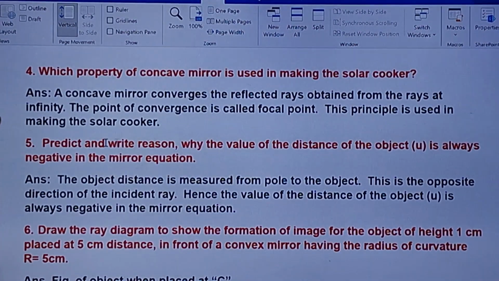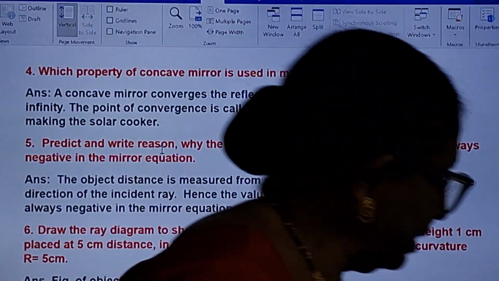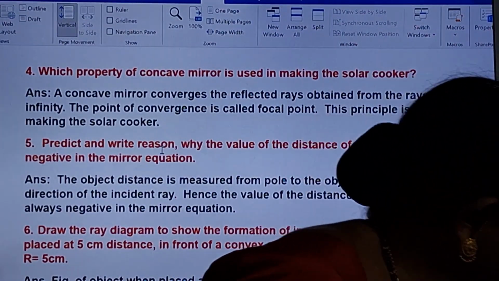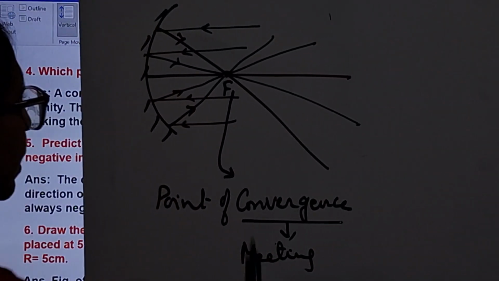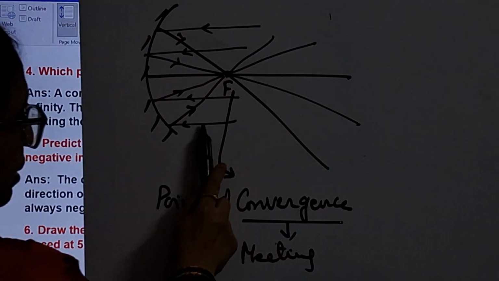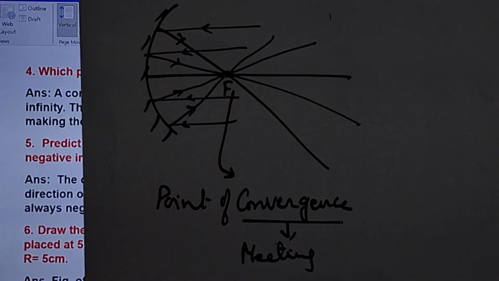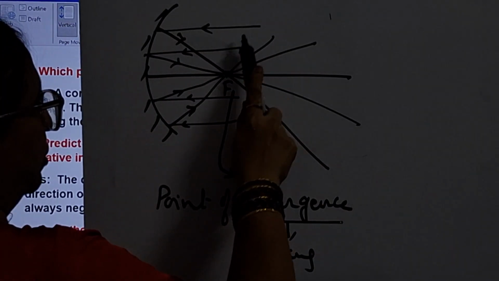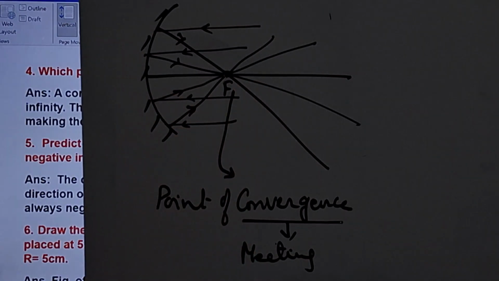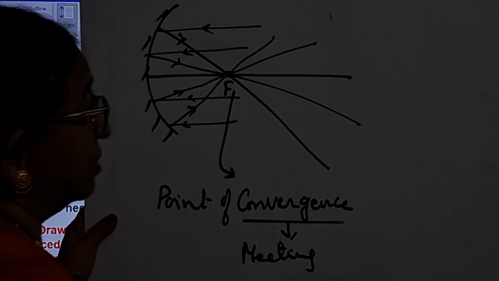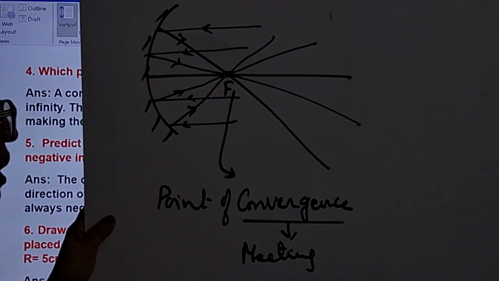This principle is used in making a solar cooker. Let me give an explanation for it, children. Why is that principle used? See, these all are incident rays which are coming from the sun. As these rays are coming from the sun, each and every ray has its own energy. But what is happening?